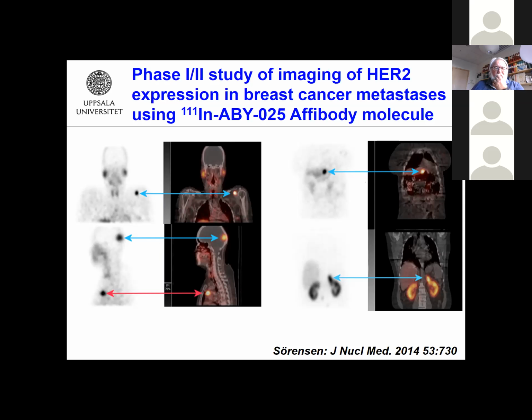We were able to visualize bone metastasis, brain metastasis. It's very often a challenge because the brain is hidden behind the blood-brain barrier. However, in tumors, it's often disrupted, and we managed to visualize HER2 expressing metastasis in breast cancer. We were successful in imaging of liver metastasis, and this adrenal metastasis was very important for us.